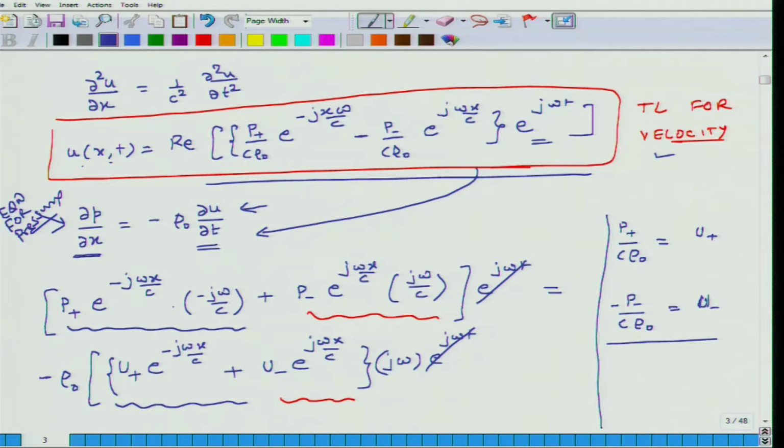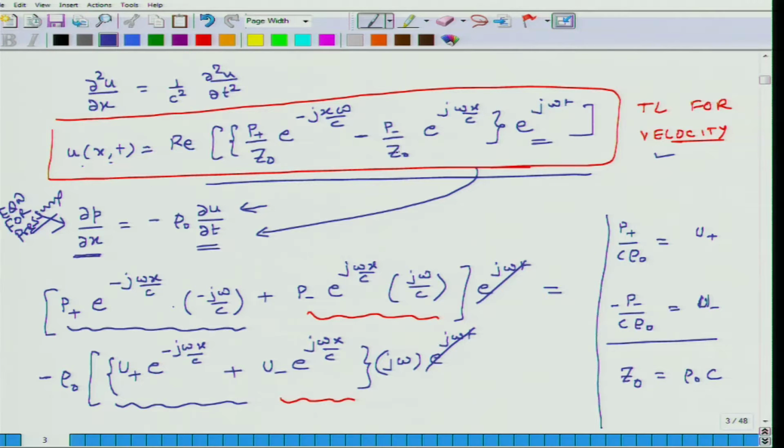Then I define an entity called Z naught, and I call this Z naught as rho naught c. So I can replace this c rho naught in both the equations by Z naught.